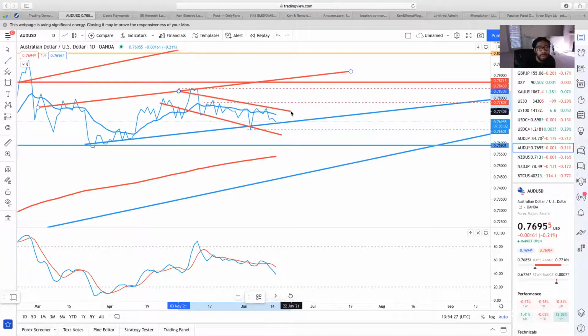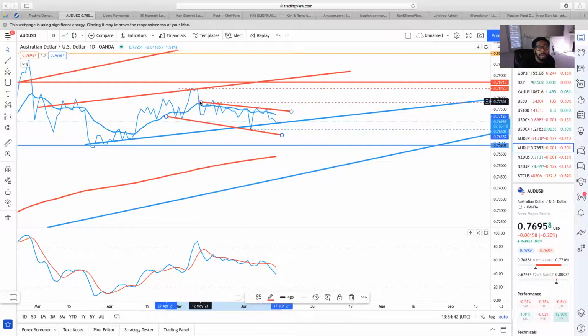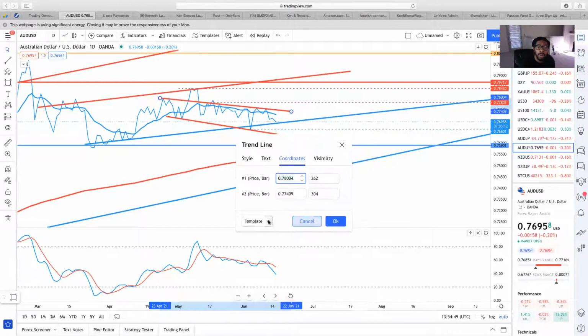I want all my stuff lined up. So no matter what, I'll understand the behavior of what's going on, whatever's going on by trend.